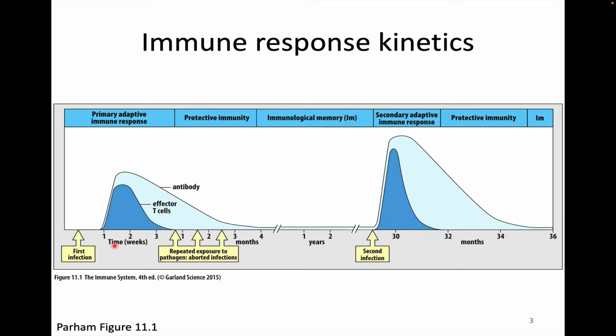But what you can also note is that this figure from your textbook depicts a whole lot of other kinds of phases and tells us about some other things that are going on at different times following some of that immune response. And so those types of things are really the things that we're focusing on today.